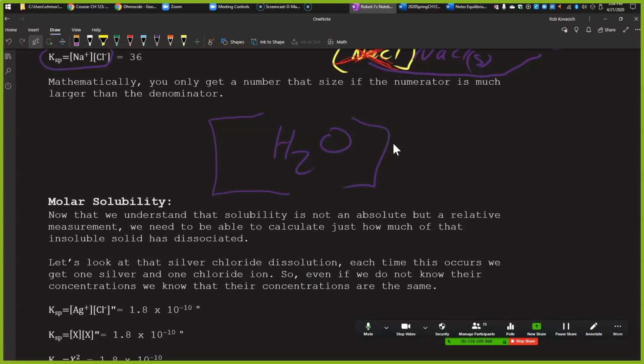To think about it like this, I've got a container. It's got ions in it, and it's got this little pile of, say, table salt at the bottom. What's the concentration of that table salt? 100%.